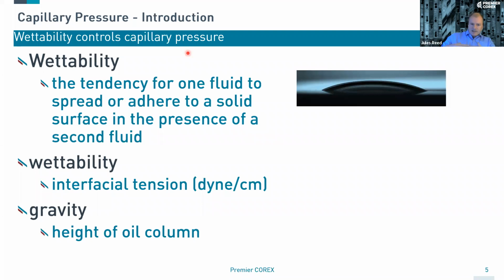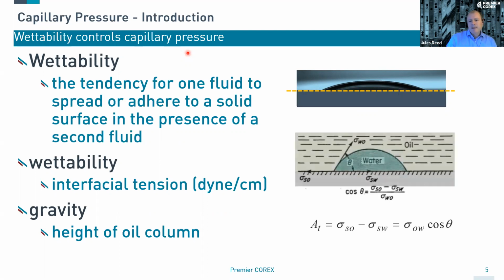And so it sticks to the surface, and the force with which it sticks to that surface can be determined by the interfacial tension between the water and the other fluids. So if we're in a gas environment, there's water and the gas, and the contact angle at which the water adheres onto the surface.